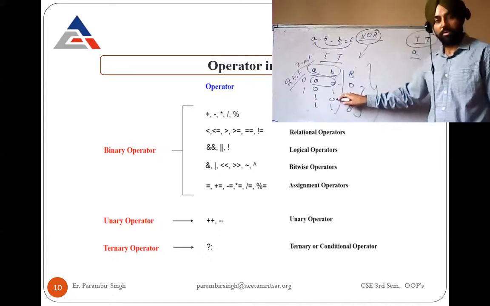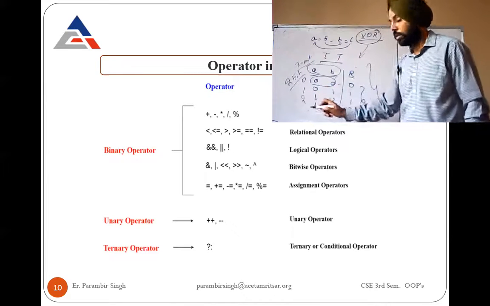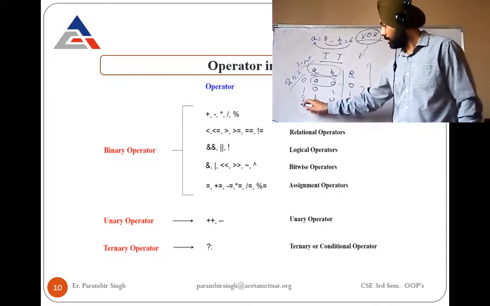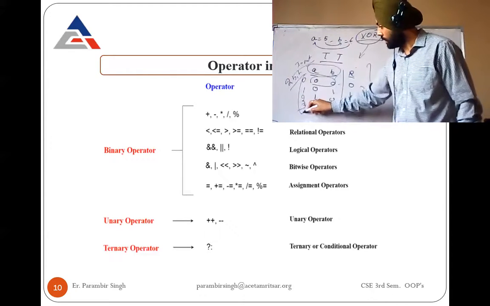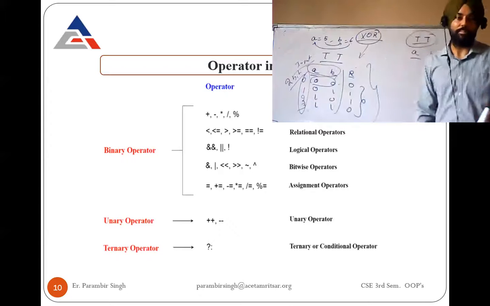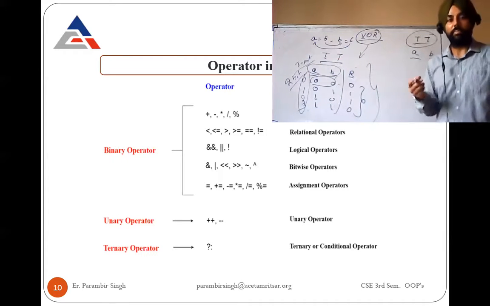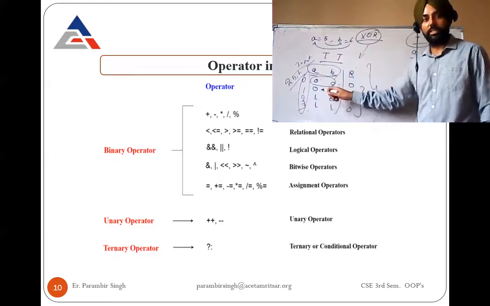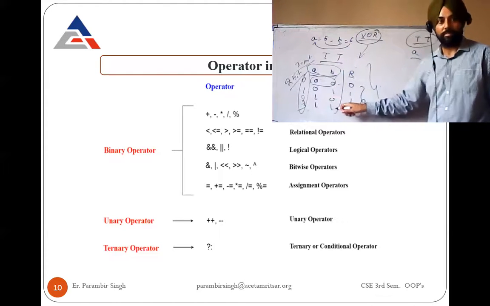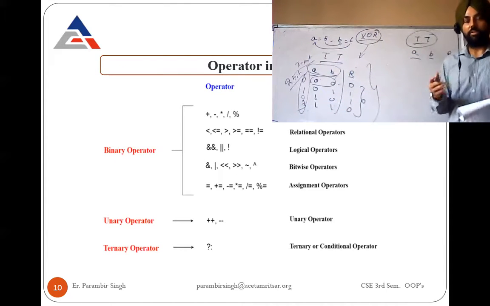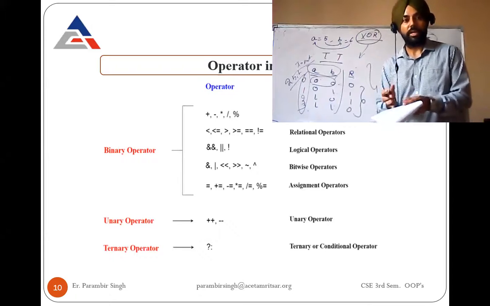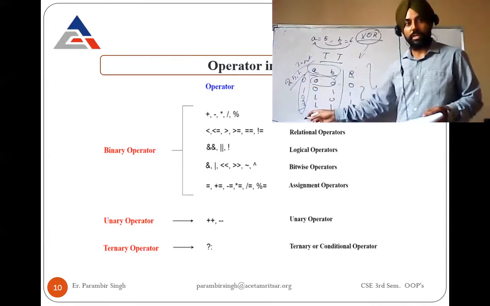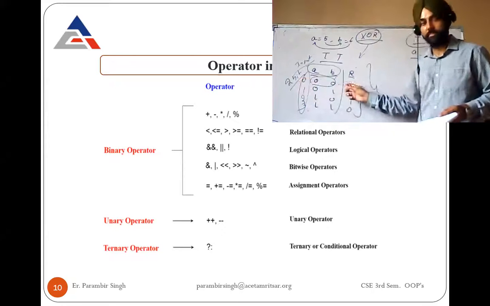For 1, 0, that is 2. For 1, 1, that is 3. So this is a sequence of decimal numbers. That is why we always write 0, 0, 0, 1, 1, 0 and 1, 1. Whenever we enter values, they work in sequence. So this is a sequence from 0 to 3, a 2-bit value only.